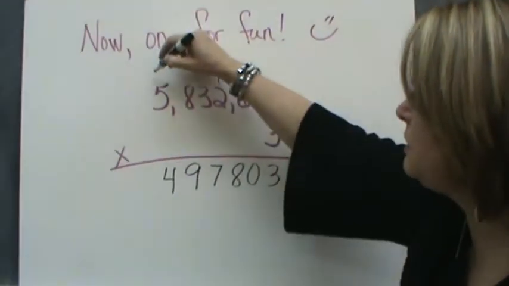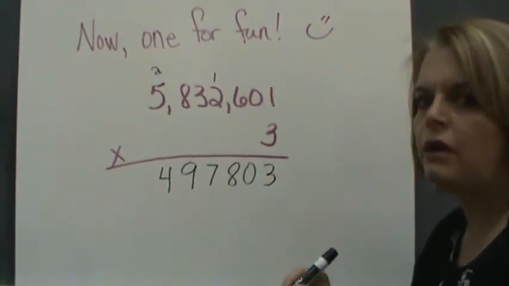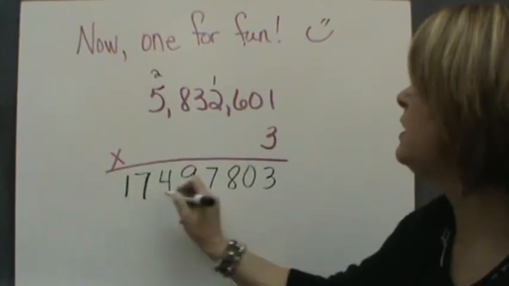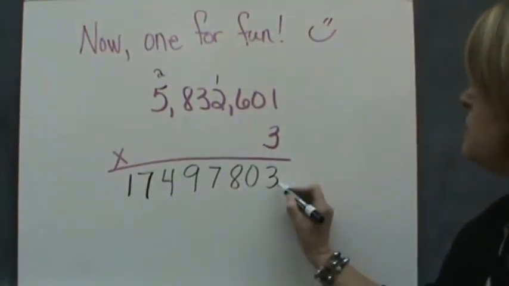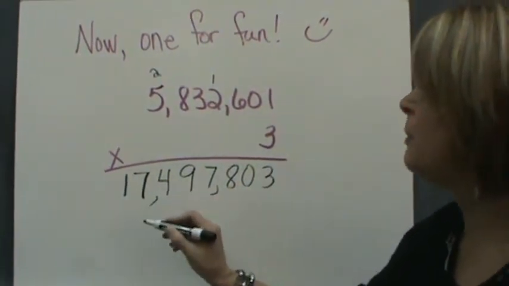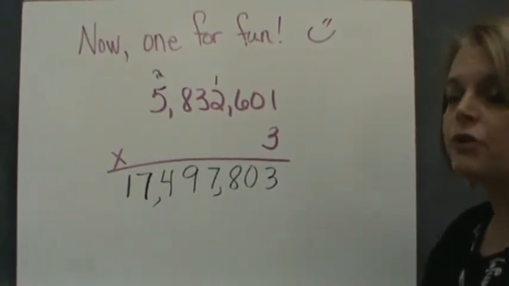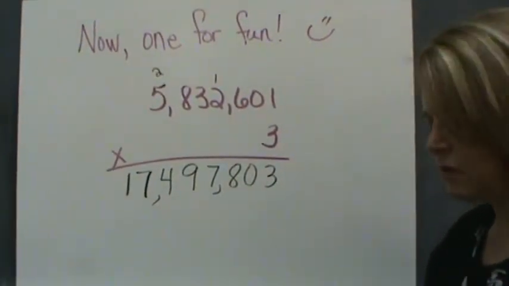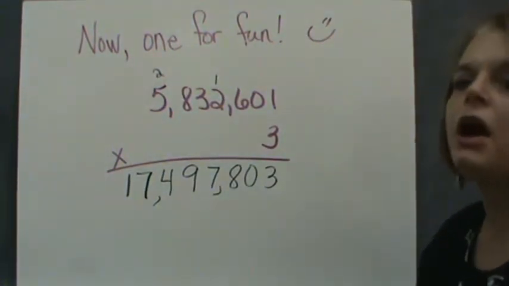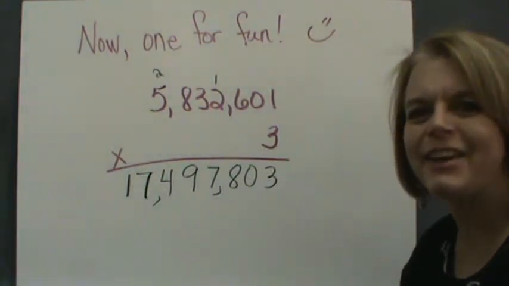Carry my 2. 3 times 5 is 15. Plus 2 is 17. Count over for commas. 1, 2, 3, comma. 1, 2, 3, comma. 5,832,601 times 3 equals 17,497,803. How'd you do? Did you get it right?